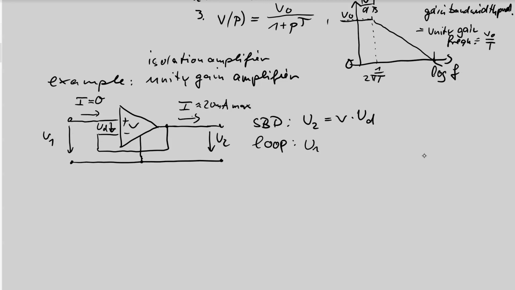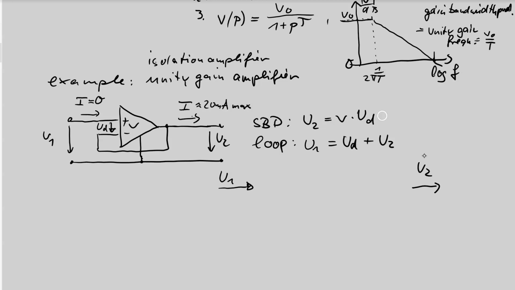U1 is, following the loop, UD plus U2. In this circuit the input voltage is U1 and the output voltage is U2, so my signal block diagram is very simple, defined with a U1 input and a U2 output.